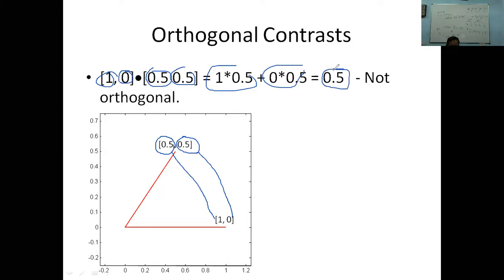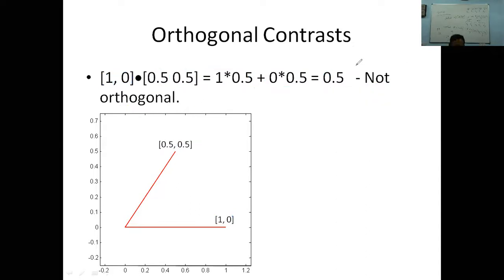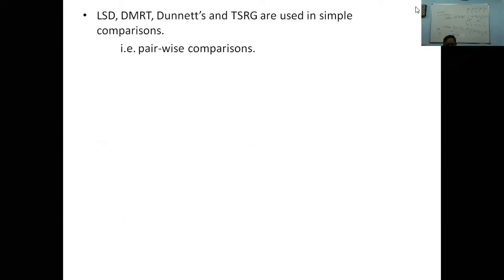If it is not giving a value 0, this is not equal to 0, so we call it non-orthogonal, right? So this is how we express the orthogonality. Once we go through the text, you will understand.